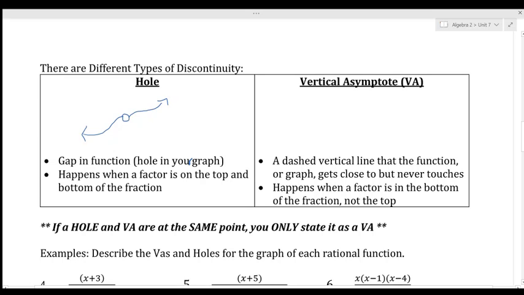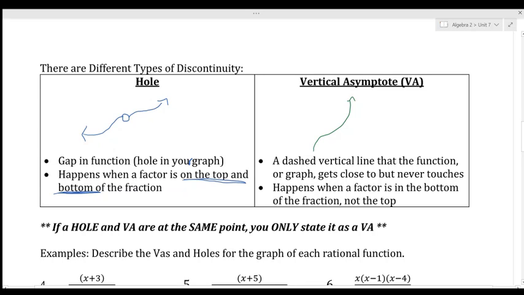Now, this happens in an equation when a factor is on the top and bottom of the fraction. Now, a vertical asymptote, which I'm just going to start calling VAs so I don't accidentally cuss at you, is a dashed vertical line that the function or graph gets close to but never touches.